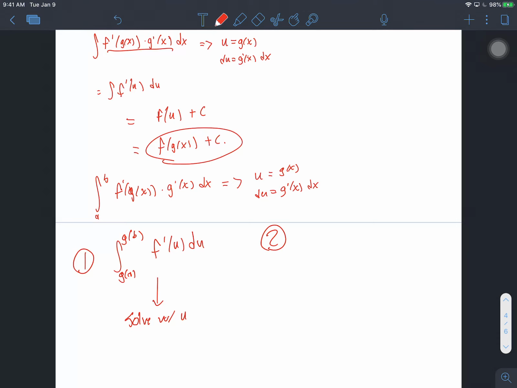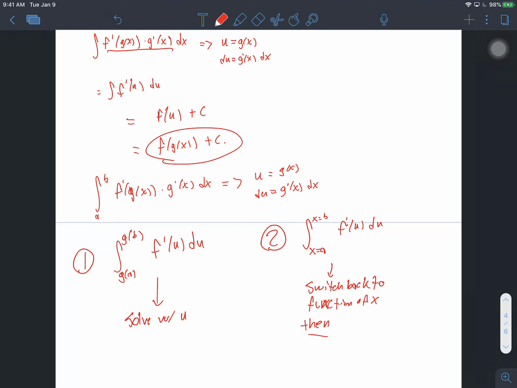Or method 2 is do the integral from x equals a to x equals b of f prime of u du, and then we need to switch back to a function of x.